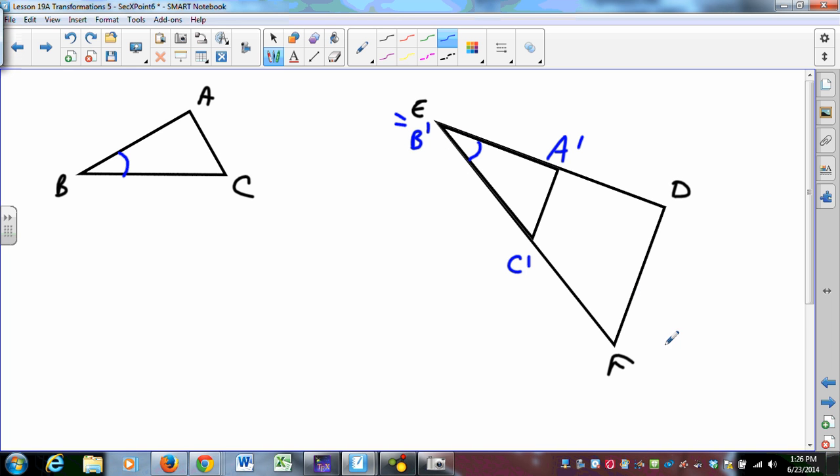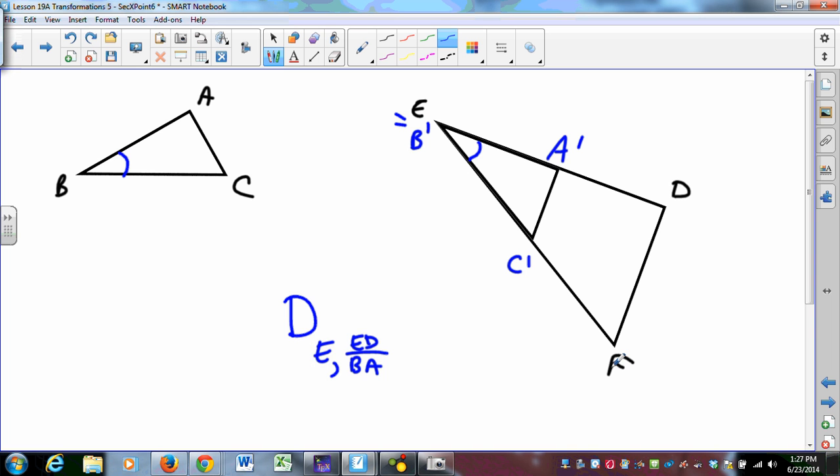So if I were to dilate with a center at E and a ratio of ED to BA, then this dilation would turn this triangle into this triangle. So the side angle side thing is a big deal, side angle side similarity, because if we have that, then this sequence of transformations will do the job. It's not the only sequence of transformations that will do the job.